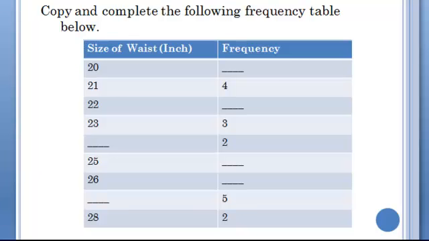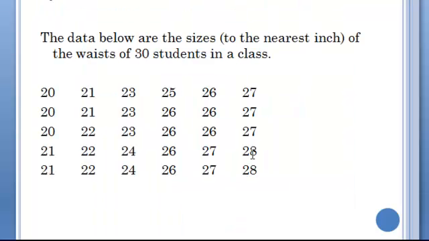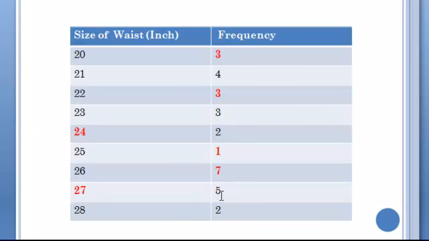That's 24. So 24 is the number that was missing here for 2. And we'll do the same thing for the number that had a frequency of 5, which is 27.